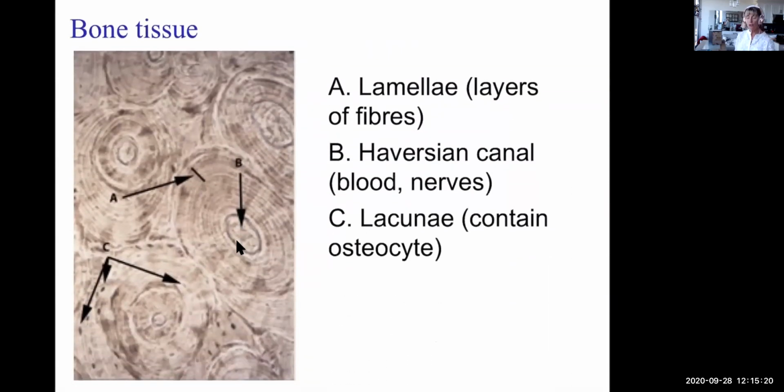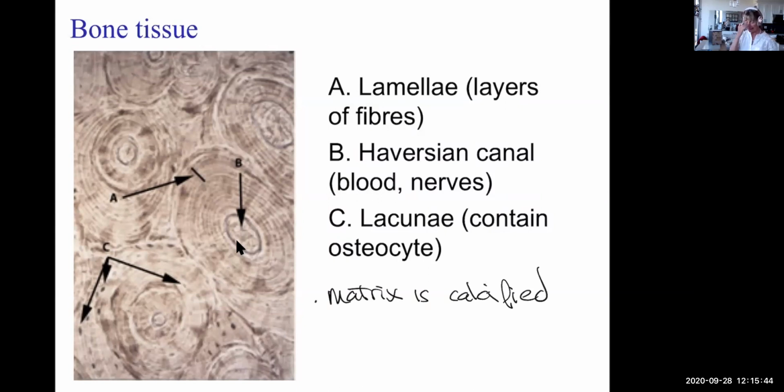Bone tissue, there are two kinds. There's spongy bone and compact bone. And the matrix is complex. It's calcified. So the matrix is calcified.